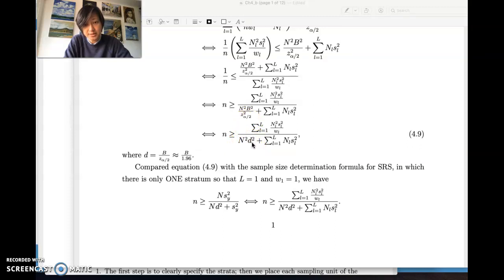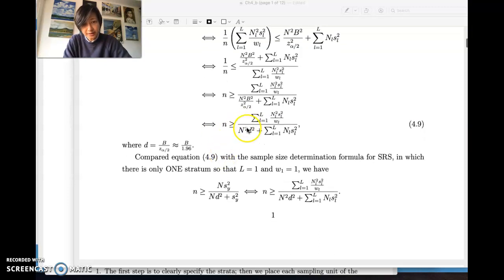Remember last time we said D squared is the bound of the standard error, defined as b divided by the critical value, squared. I like equation 4.9. This is so clear. We have the bound for our sample size.